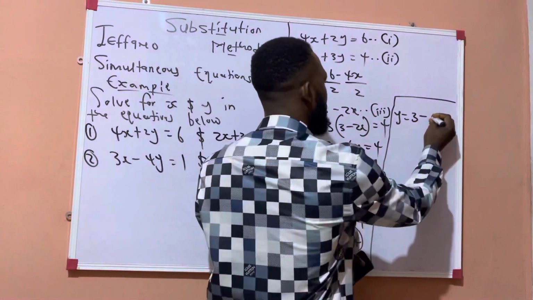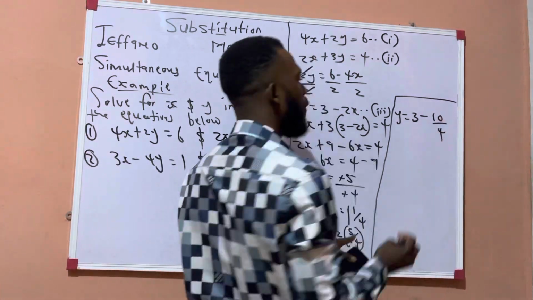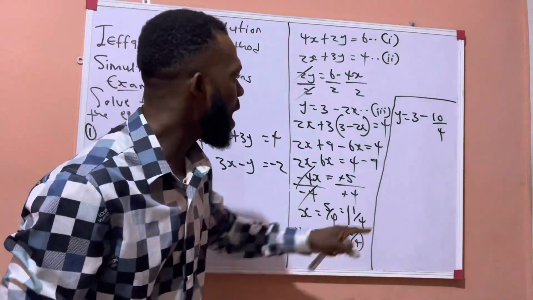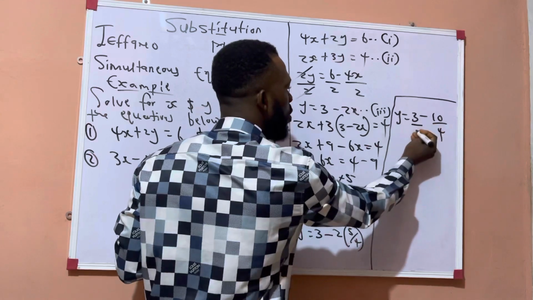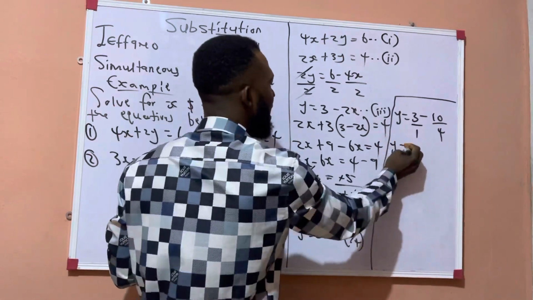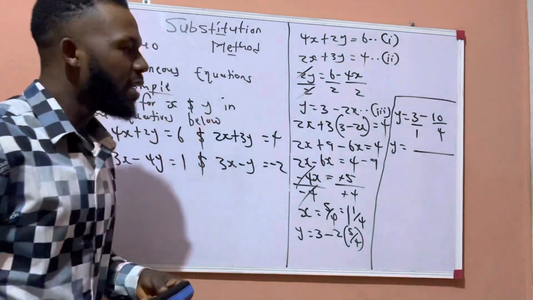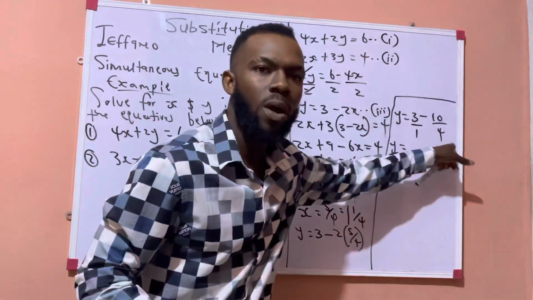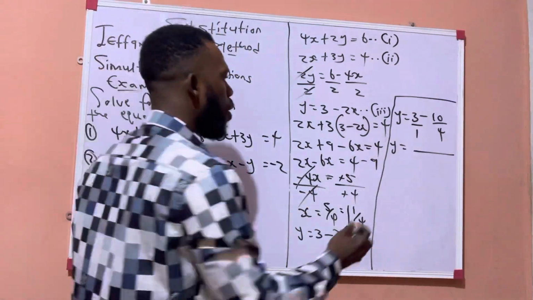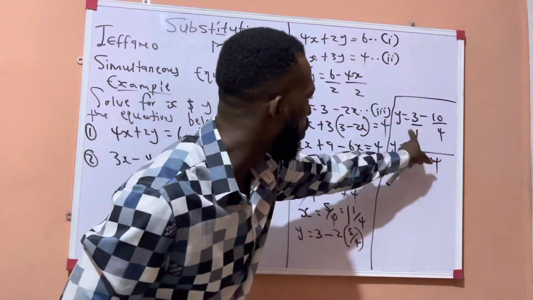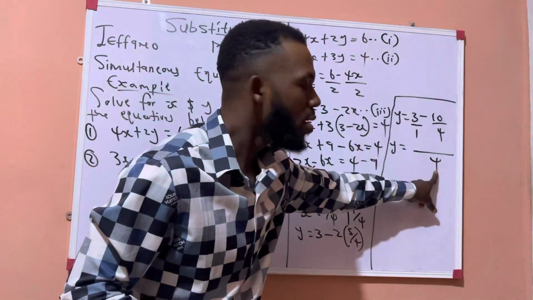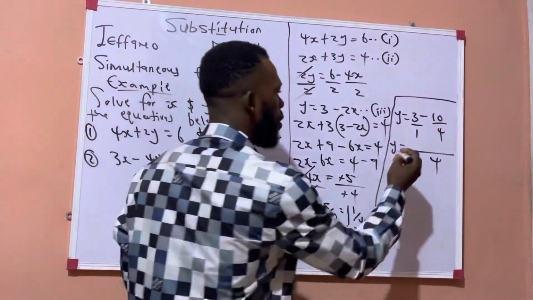So what do we have? 10 over 4. Now, if we have 10 over 4, what are we going to do now? Base this 3 over 1 and look for the LCM. The LCM of 1 and 4. Now, the LCM of 1 and 4 will still give us 4. Now, how many times will 1 go into 4? 4 times. Now, 4 times 3 will give us 12.